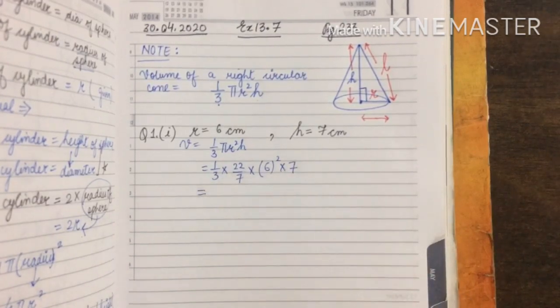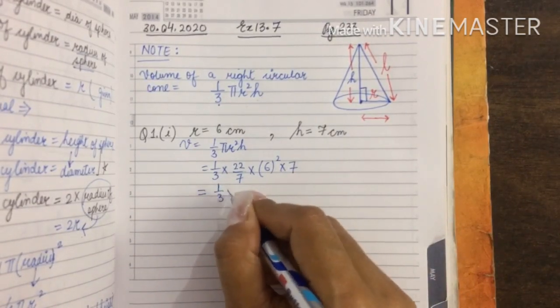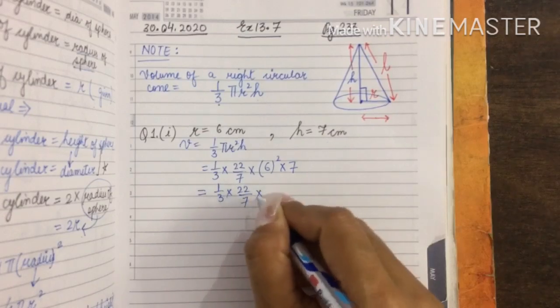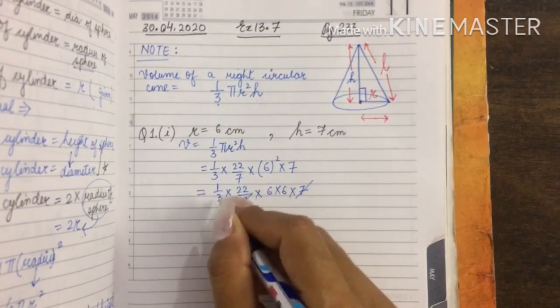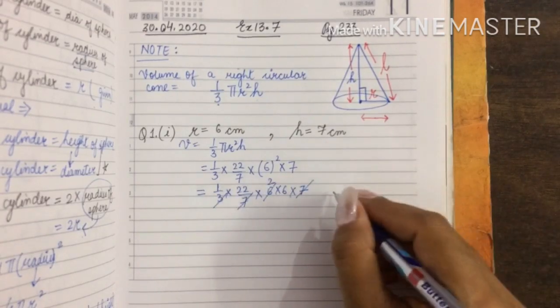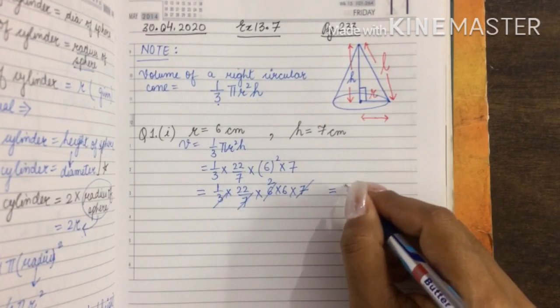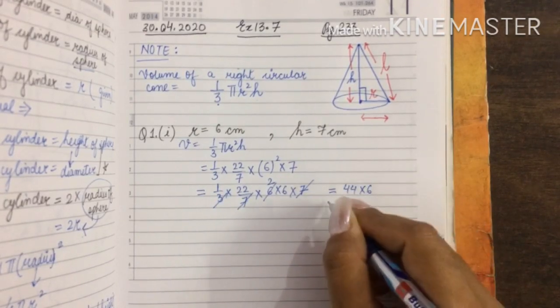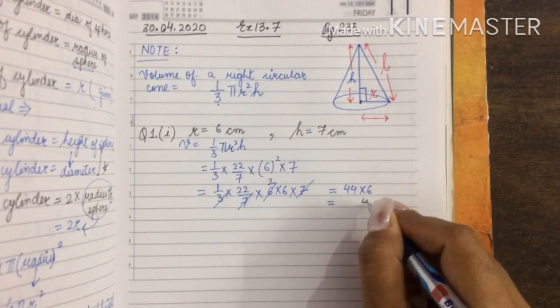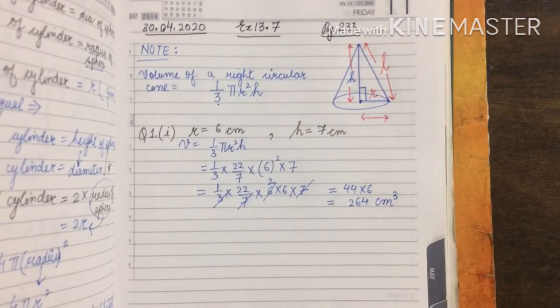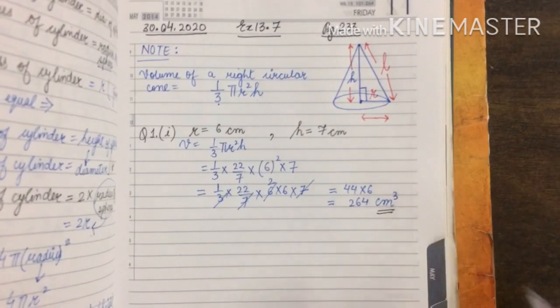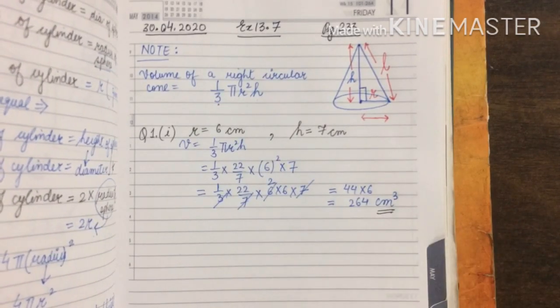Take your time, and you can leave the answer in fractions if you don't want to solve further in decimals. 7 gets cancelled, this gets cancelled, so I have 44 multiplied by 6. This will be 264 centimeter cube. Be careful, the units of volume.